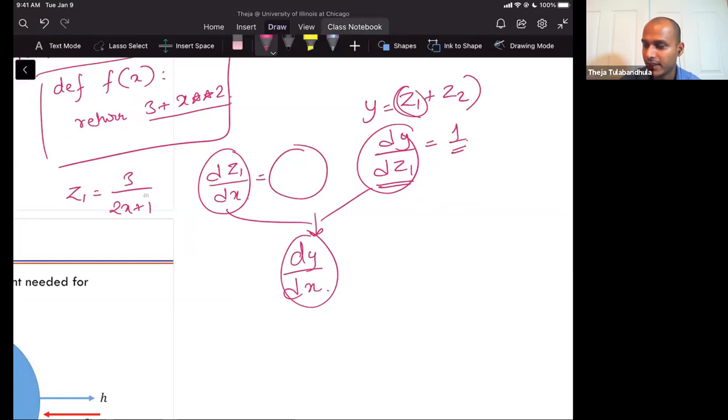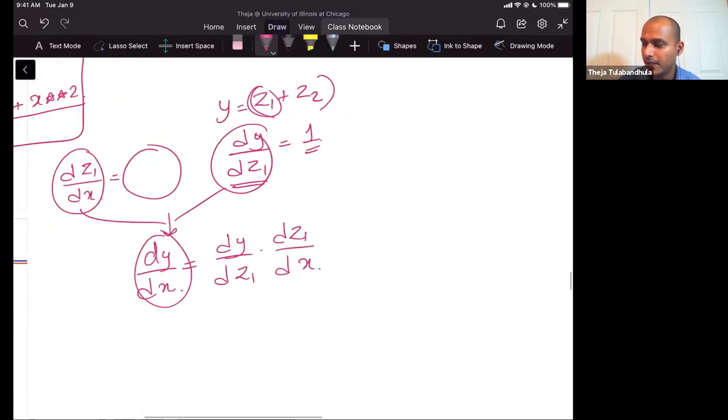But chain rule is just that you can find dy by dx is equal to dy by dz1 times dz1 by dx, plus dy by dz2 times dz2 by dx. So all I'm saying is this partial derivative seemed messy, like some input to some output, maybe a complicated function, a complicated transformation going on, right?